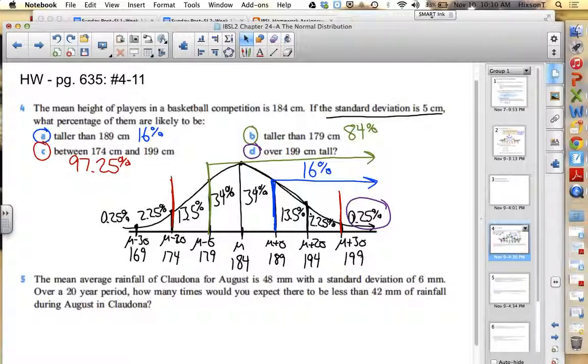Now, what do all these percentages mean? These mean that if you were to pick some random player out of this tournament, then you have a 16% chance that they're going to be taller than 189 centimeters, and so on. That's what those percentages mean. Remember, these are probabilities. We'll look at that more tomorrow.